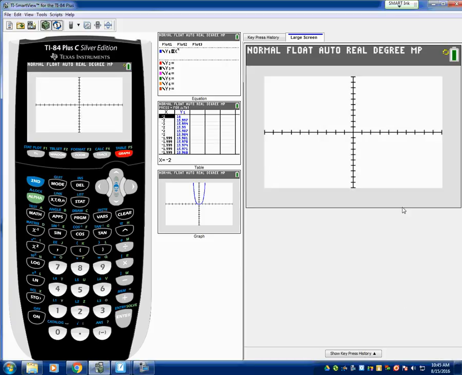So go ahead and graph it. And in some cases, you can be pretty certain of what the x-intercepts are. Can you tell here? Yeah, it looks like it's -1 and 2, okay.